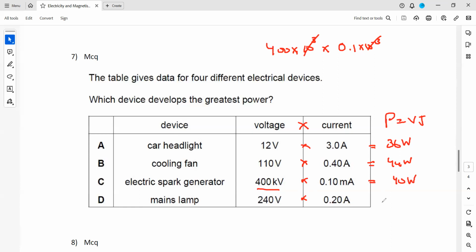Then 240 multiplied by 0.2 is equal to 48. So this is giving us 48 watts. The question is, which device develops the greatest power? That's D. So you have to multiply voltage with current and check the units, because the voltage must be in volts and the current should be in ampere.